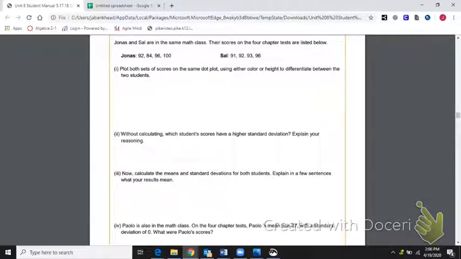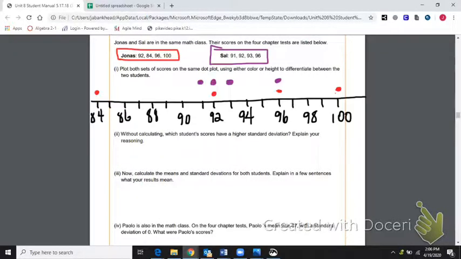We are going to begin analyzing our data by making a dot plot. In our dot plot, notice that Jonas's scores are marked in red and Sal's scores are marked in purple. Without calculating, we want to describe which of the students' scores has a higher standard deviation.